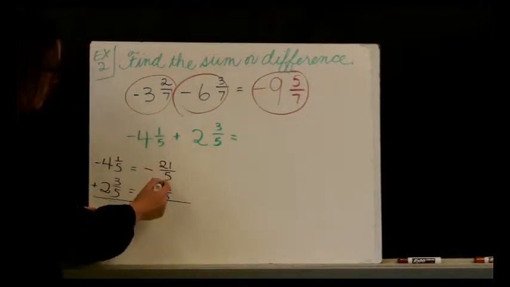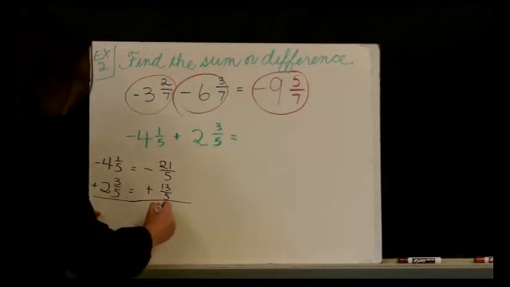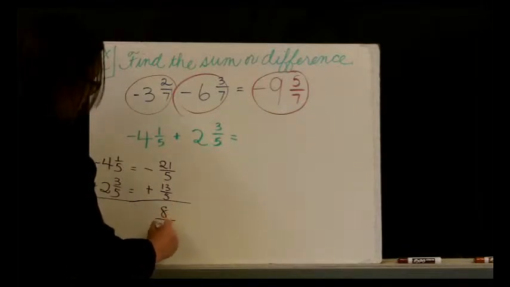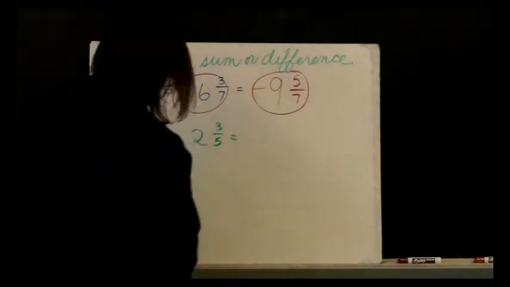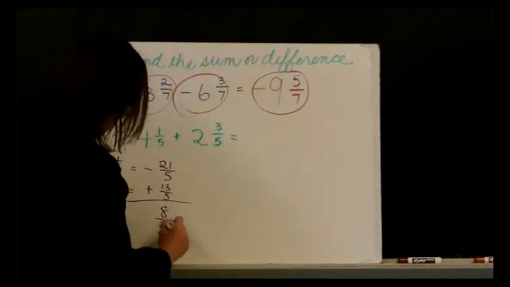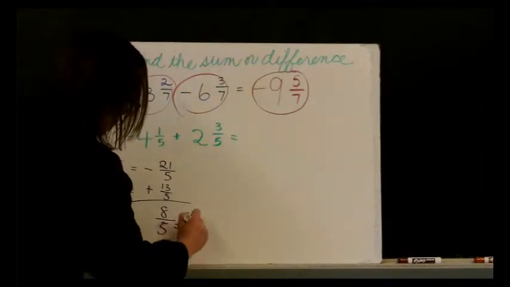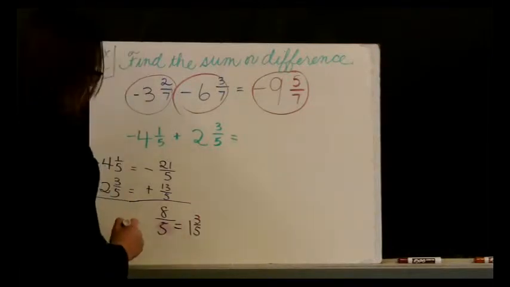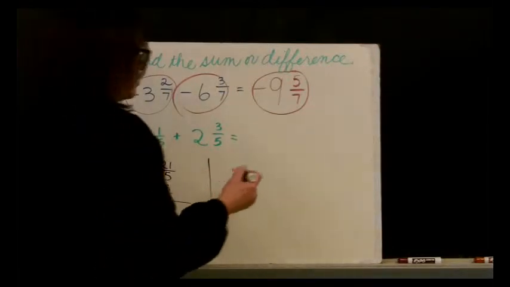A negative 21/5 and a positive 13/5 gives us 8/5, which gives us 1 and 3/5. Now there's another way to do this.